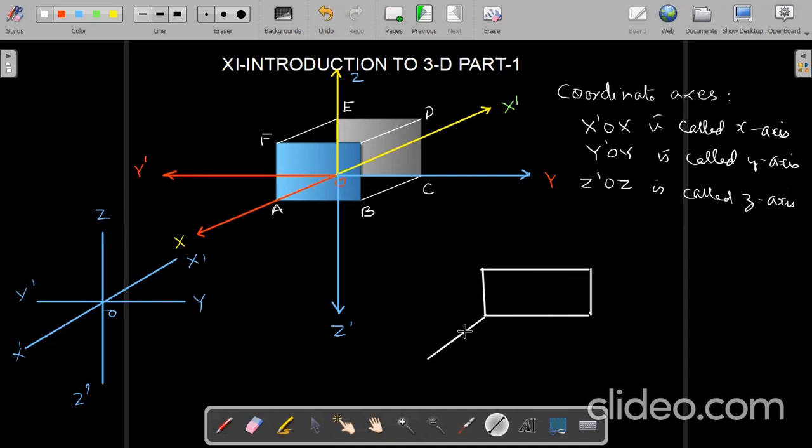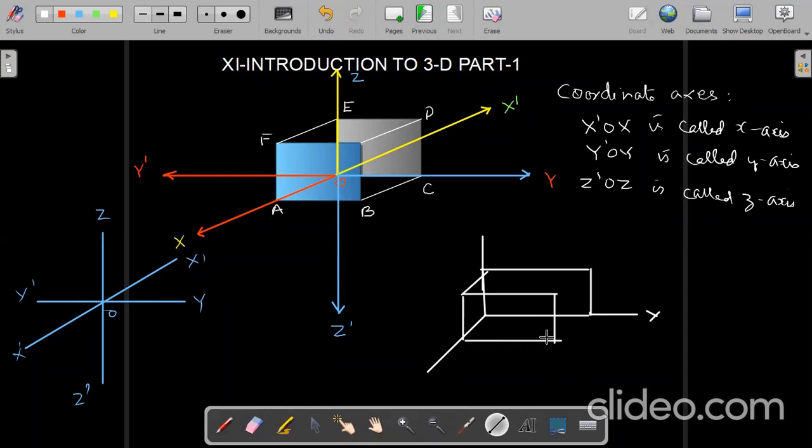So this is your, no, we can make this one rectangle. Now this is x-axis, this is y-axis, and this is z-axis. Okay, so now it is better.